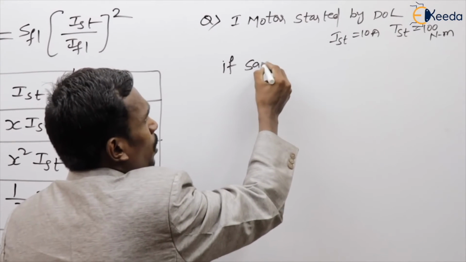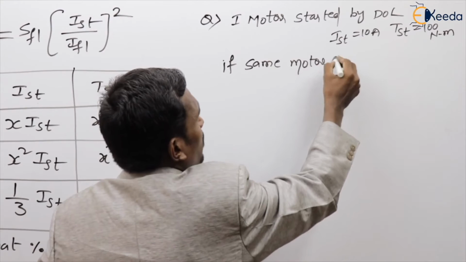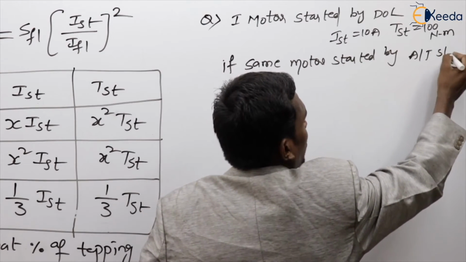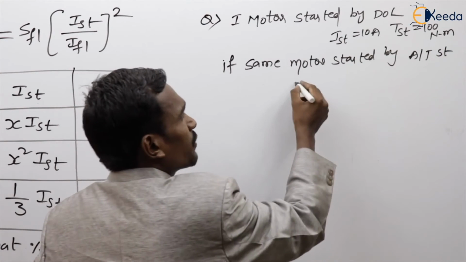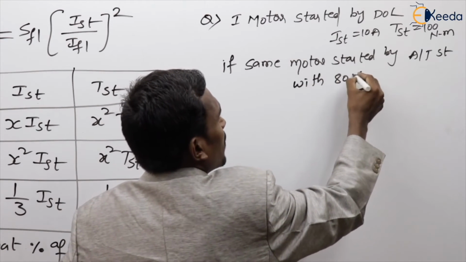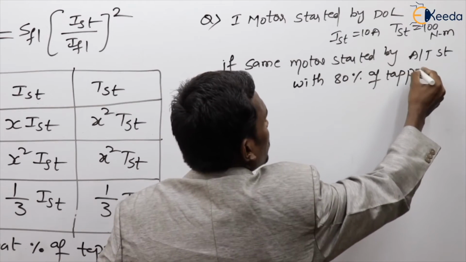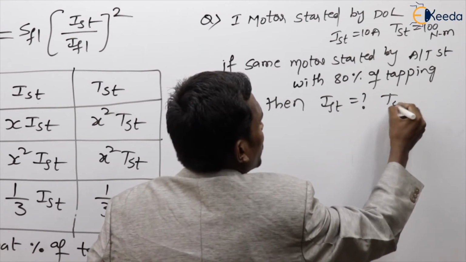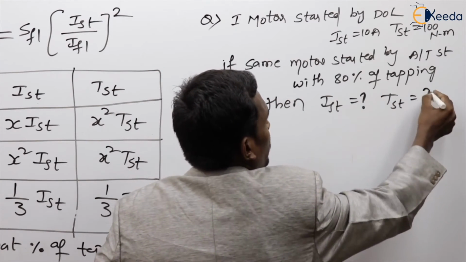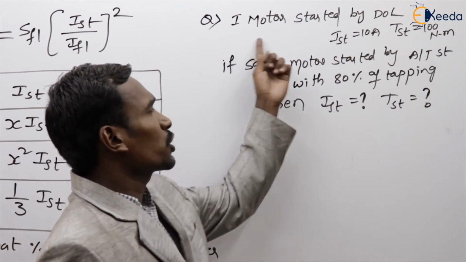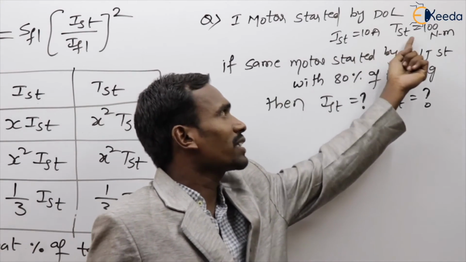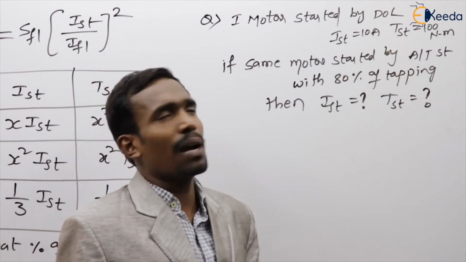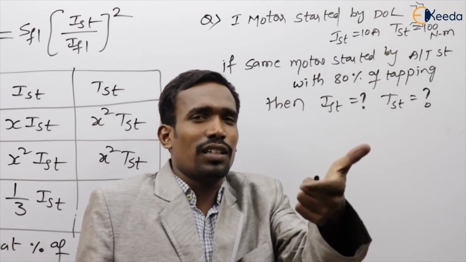If the same motor is started by an auto transformer starter with 80% of tapping, then what are the starting current and starting torque?